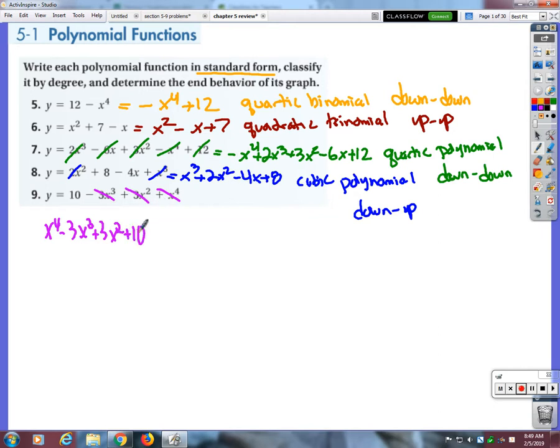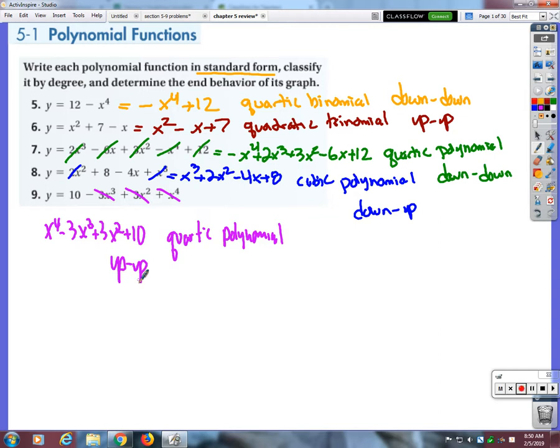Awesome. And that is a quadratic polynomial. And the end behavior is up, up. Okay, nice. You guys did well with that.